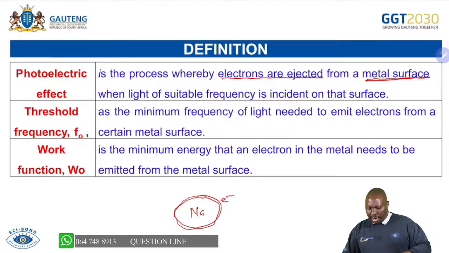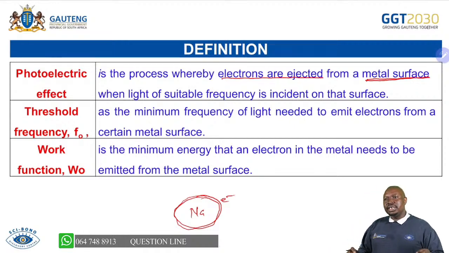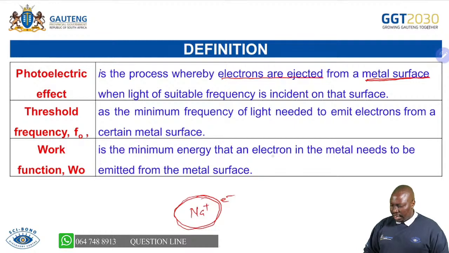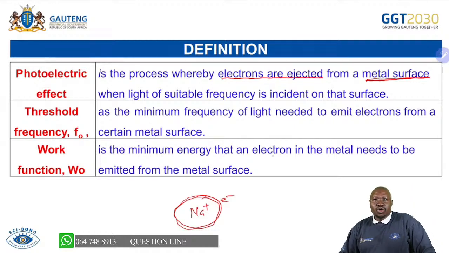And in this one, we're talking about metallic bonding, which is when a metal bonds with another metal. Remember we said in metallic bonding, the electrons are delocalized around the metal. So you will have a metal and the electrons that are delocalized around it, electrons that are there on the surface of the metal.